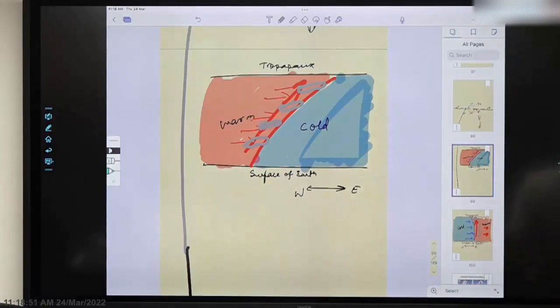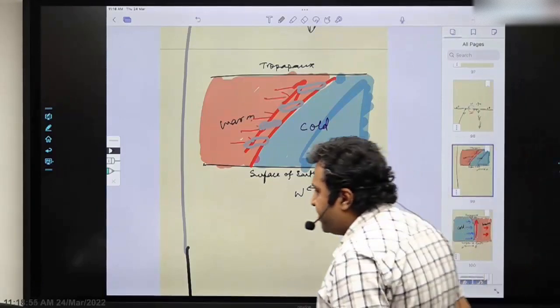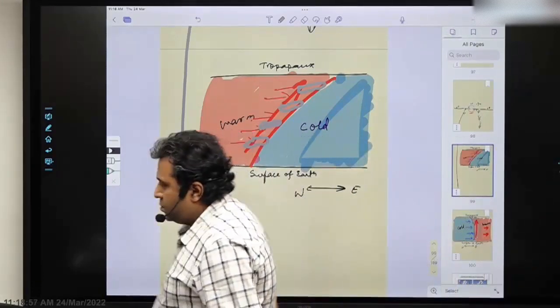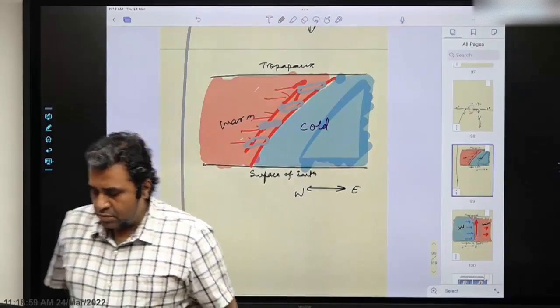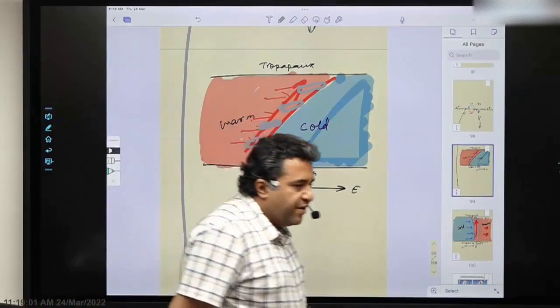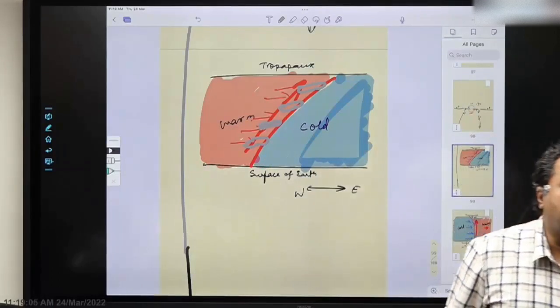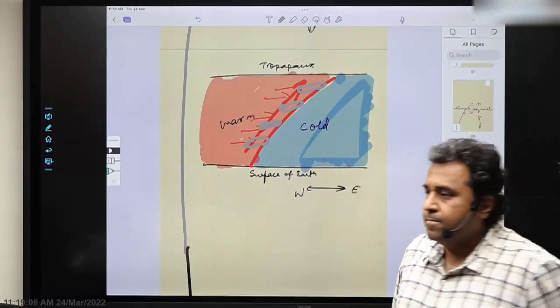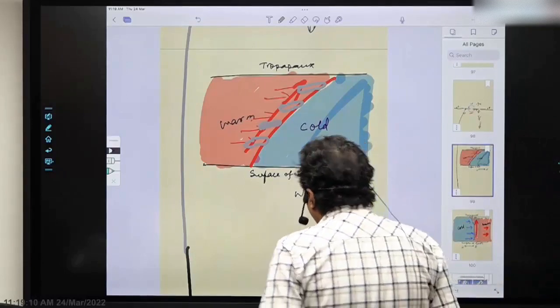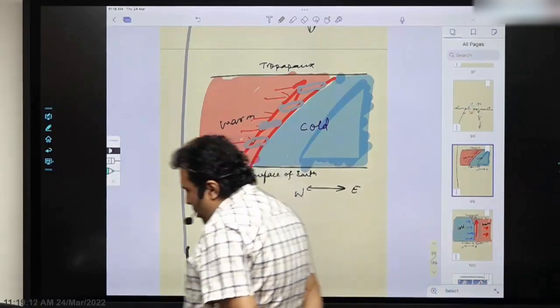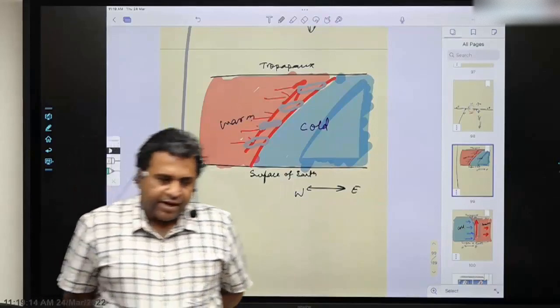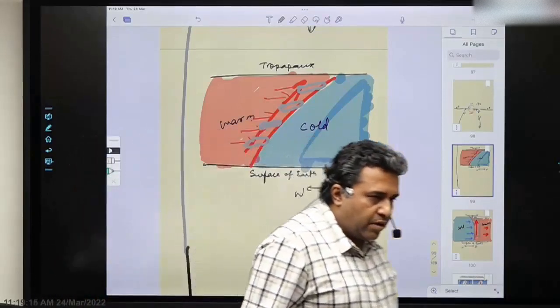Okay. These clouds give relatively less precipitation as compared to cold front. Full stop.